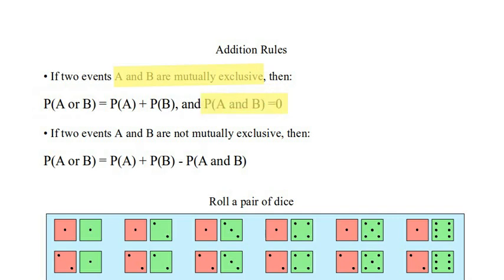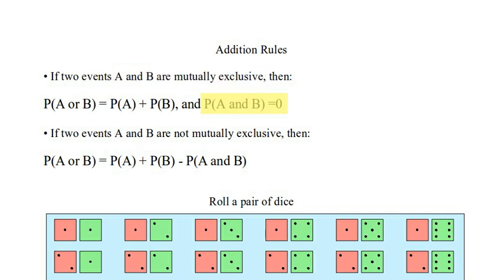Now, your first response to that might be, cool, we've got a result that says, if I'm asked what's the probability of these 2 events happening together, that is, and, is 0. And your second response is probably, well, that is obvious. They can't happen together. And if they can't happen together, then their probability is 0.